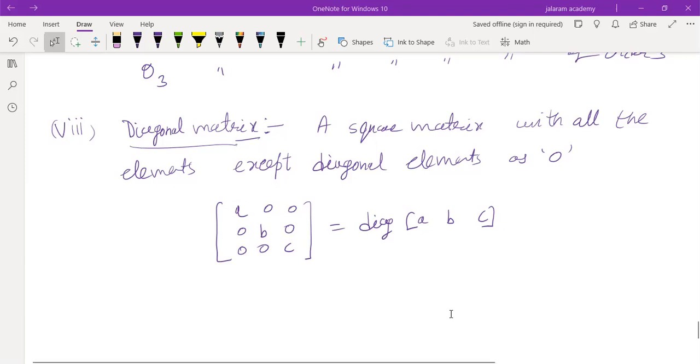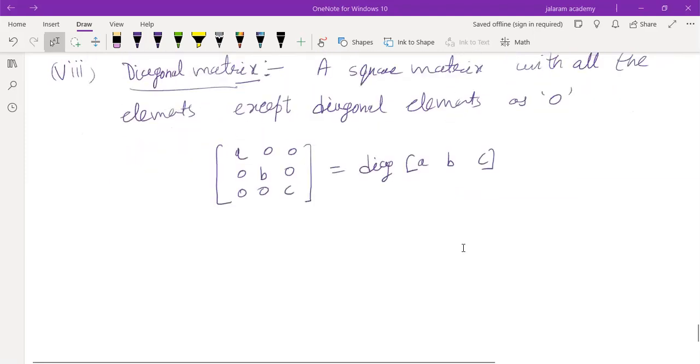Okay, understood everyone? Yes, sir. A square matrix with all the elements except diagonal elements as 0. It is also denoted by diagonal ABC. And in scalar matrix, all the diagonal elements are equal, means scalar matrix is also a type of diagonal matrix. Is that clear to you?